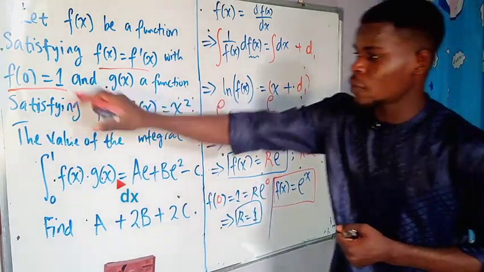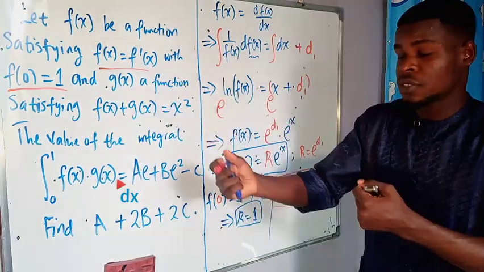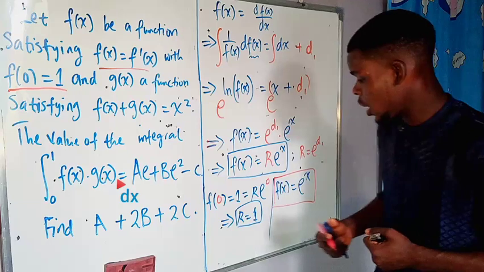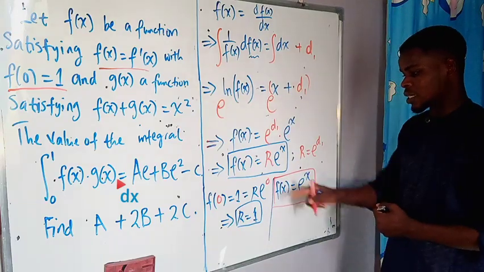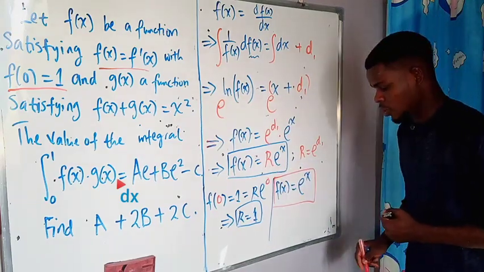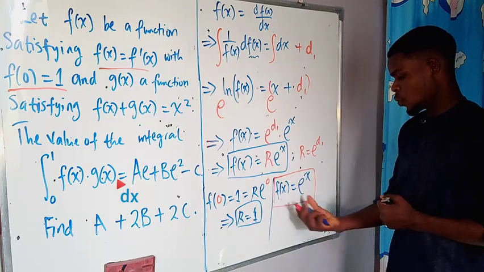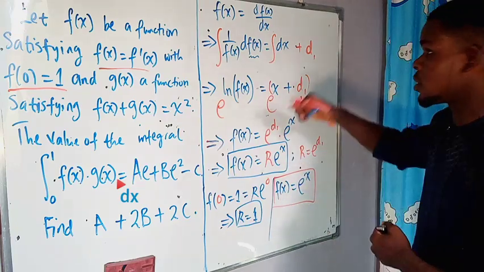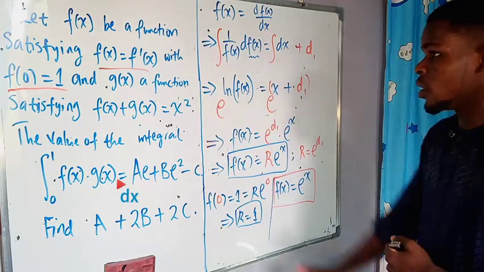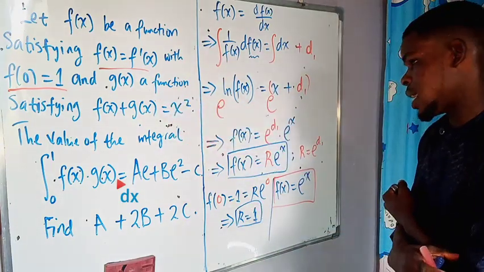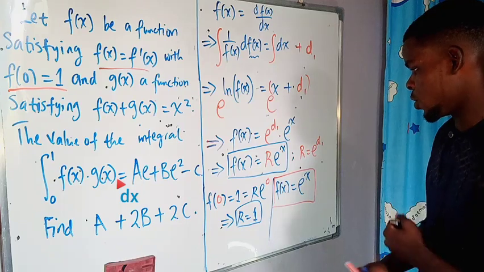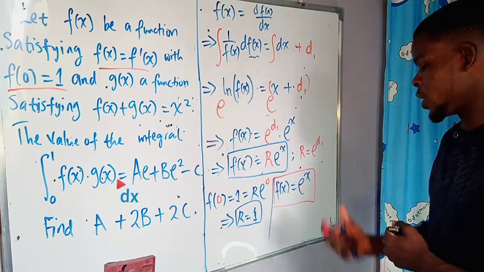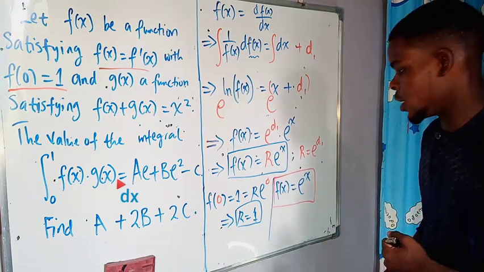So the essence of the initial condition is to help us get the value of the arbitrary constant. And when we've gotten that, we now get the actual function that satisfies this equation right here, following that initial condition. So when you get your function with the arbitrary constant, plug in the initial condition.